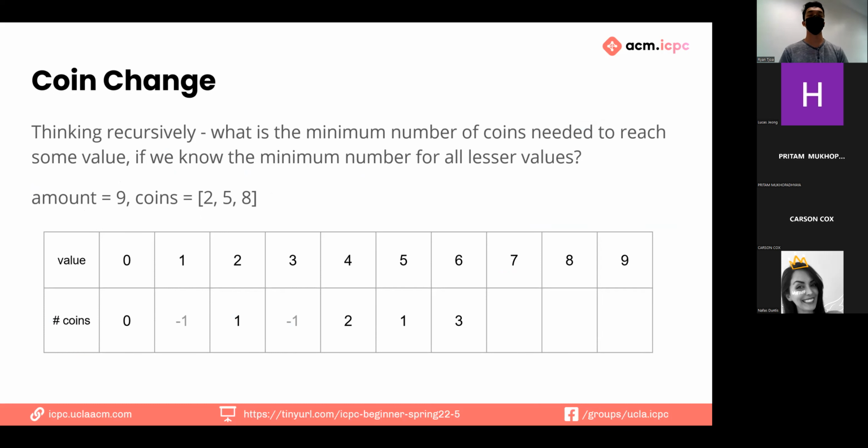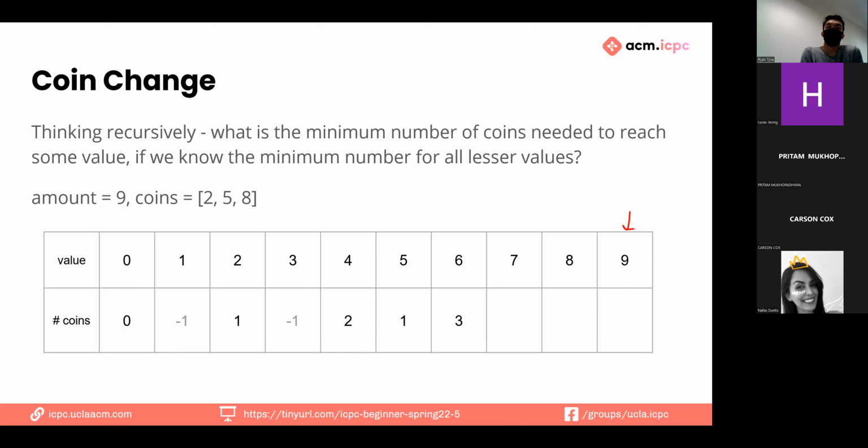So for example, let's say for all smaller inputs, that is for all values less than our true target value, we know the minimum number of coins we need to get there, right? Like if our coins are 2, 5, and 8, we know that we can't get 3, right? But we can make 5 out of one 5 coin, right?